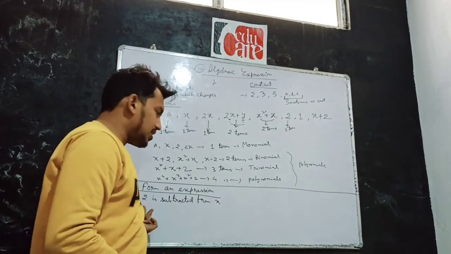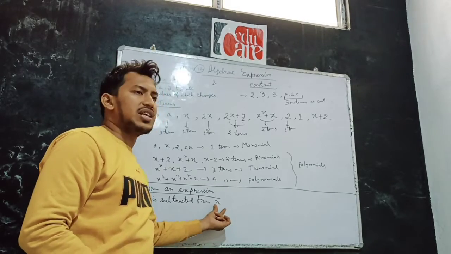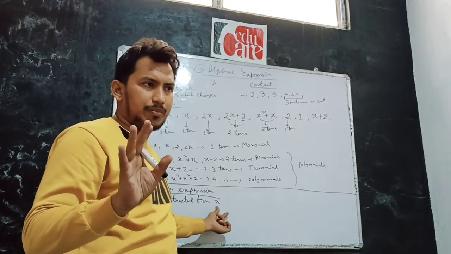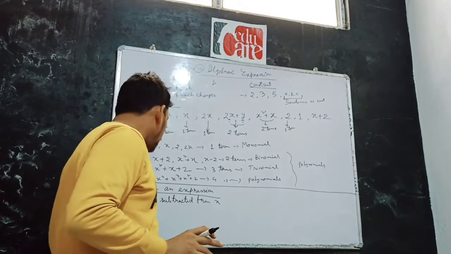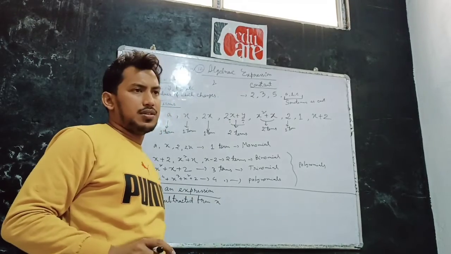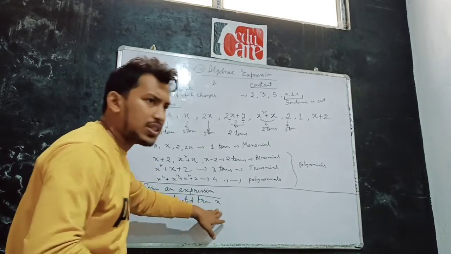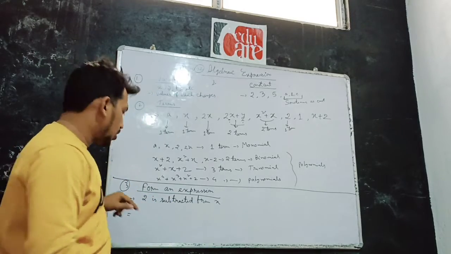Means 2 is subtracted from x. x is a number. Suppose x is a number. We have to subtract 2 from x. Simple. From x we have to subtract 2.